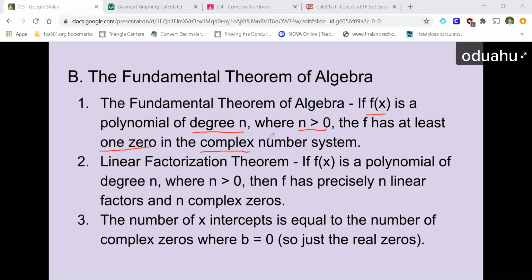The second point is the real big one, the linear factorization theorem, which states that if your polynomial has degree n, then it has n linear factors and n complex zeros. So for example, f of x equals x cubed has 3 linear factors and 3 complex zeros.